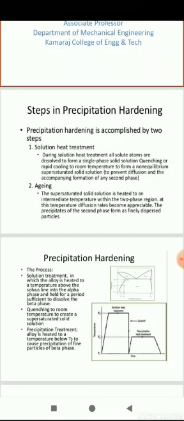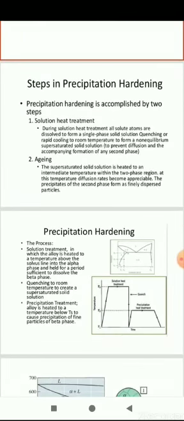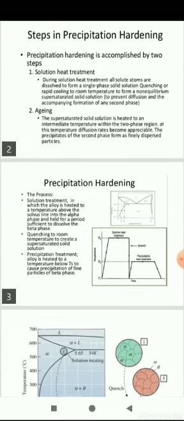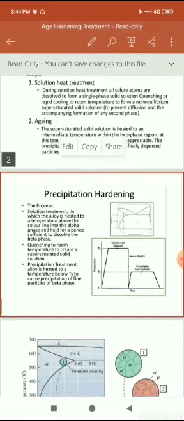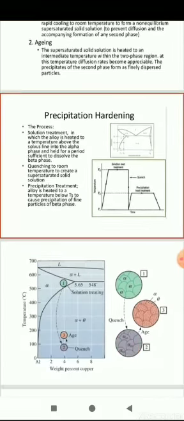These fine particles are deposited as the output of the precipitation hardening process. The precipitation hardening mechanism has steps: the first is the solution treatment, number 2 is the quenching process, and number 3 is the precipitation treatment.